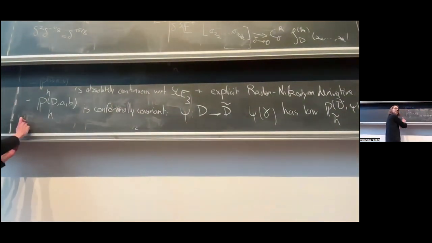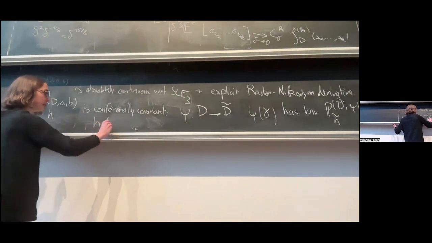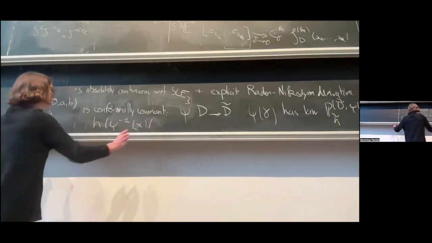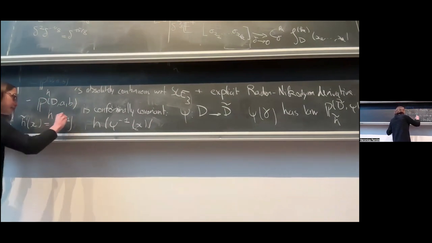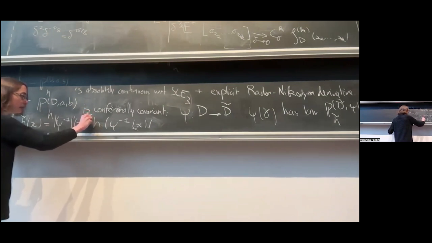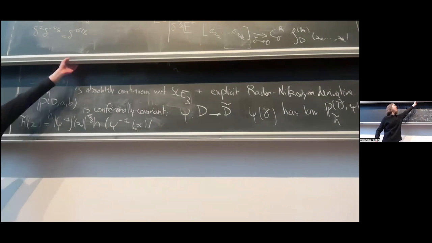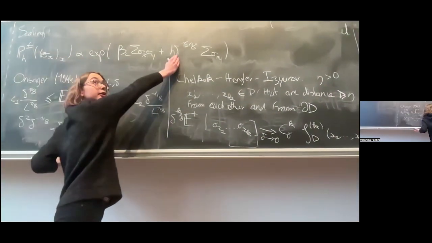This H tilde, if you have a point X in the domain, is somehow the push forward. And now you have a conformal factor (15/8), where here you again have the same scaling as the external field here.